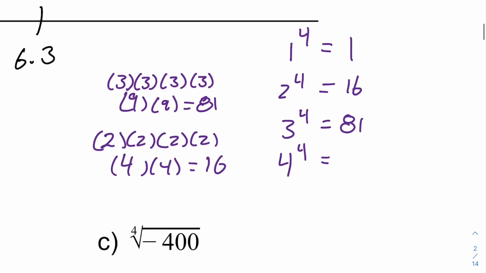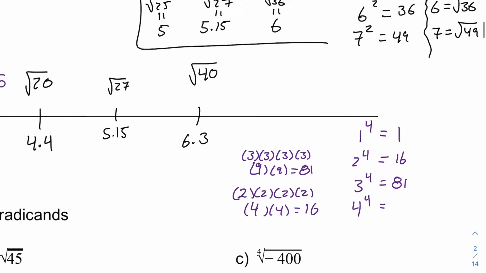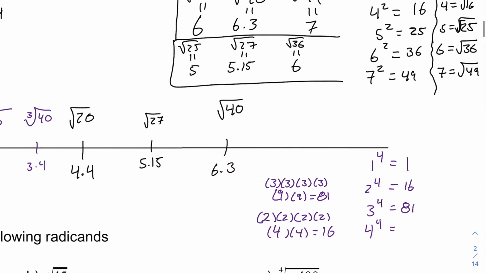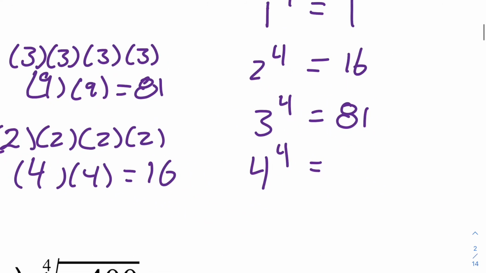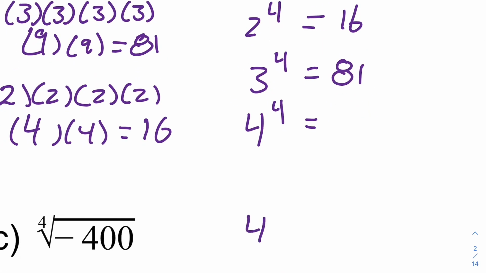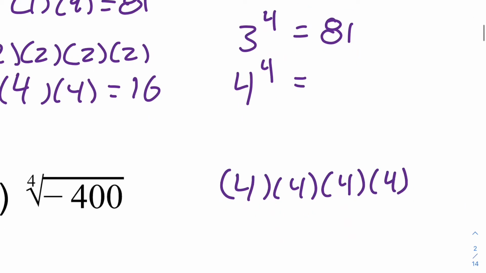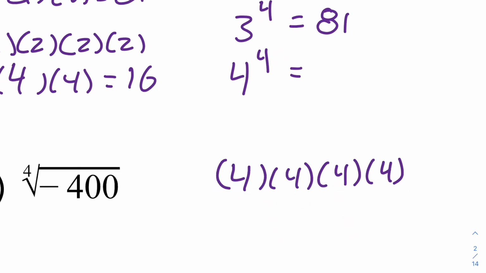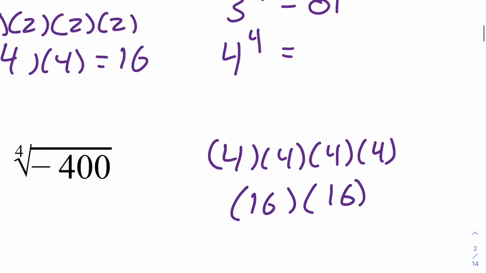4 to the power of 4. I might need to cheat and use my calculator here, and that's okay. The big thing is showing that, and again, on an exam, you wouldn't be asked to do something like 4 to the power of 4. But let's see if we can figure it out. So 4 to the power of 4, 4 times 4 is 16 times 16.